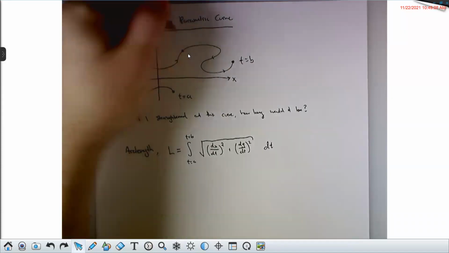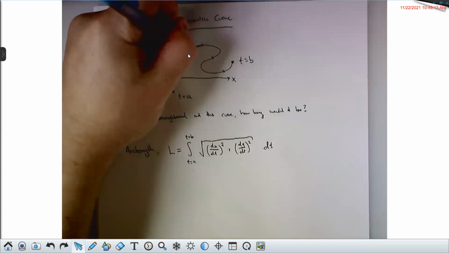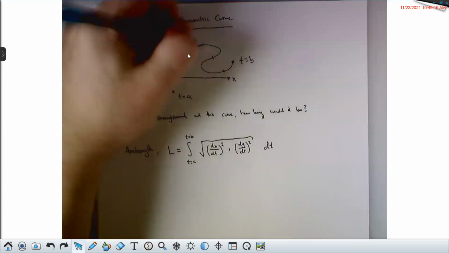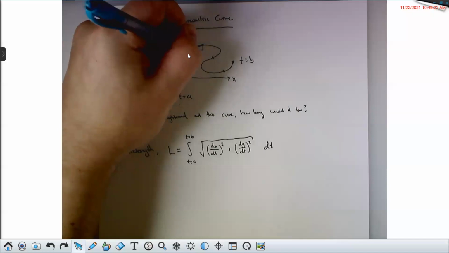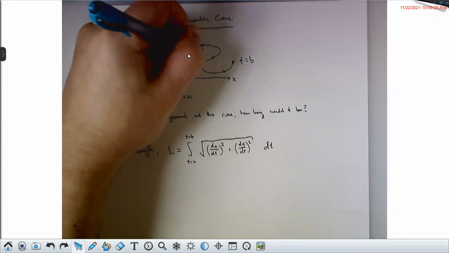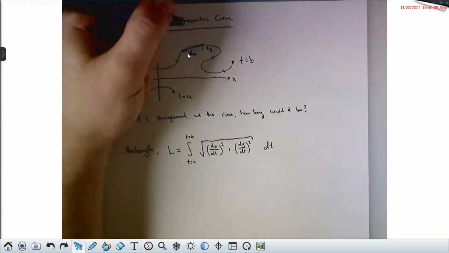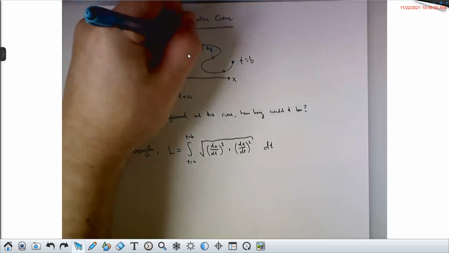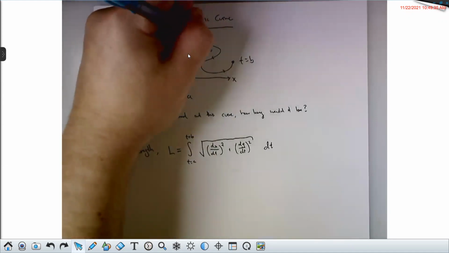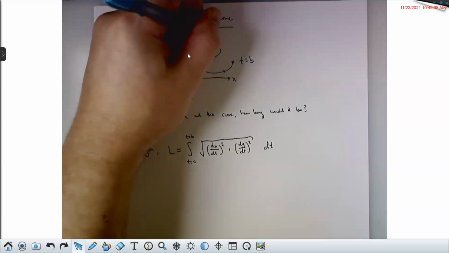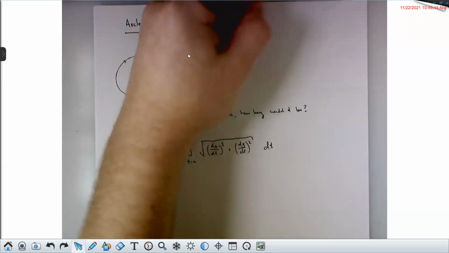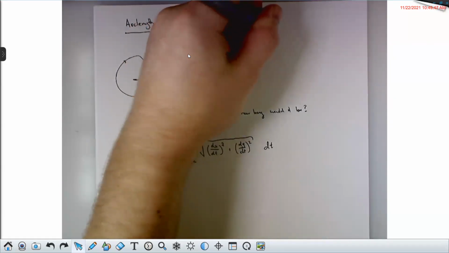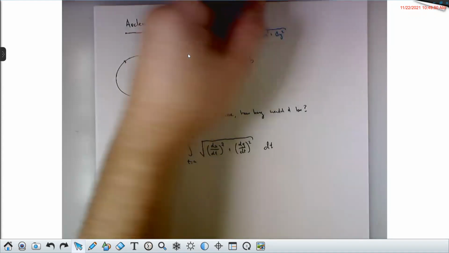And that's because each one of these little length segments is coming from the Pythagorean theorem. If I take the length from here to here, and I approximate it by a straight portion, this is like delta x, and this is like delta y. So this little length, which would be delta L, would satisfy delta L squared equals delta x squared plus delta y squared, which means that your delta L is the square root of delta x squared plus delta y squared.